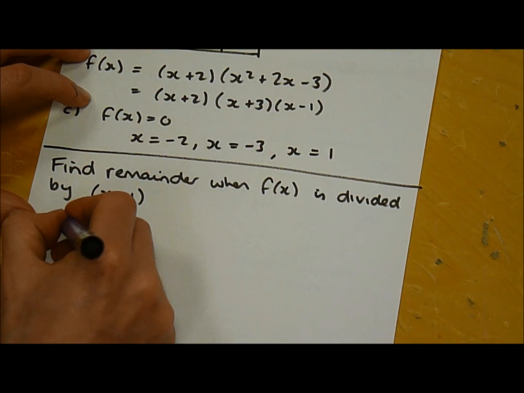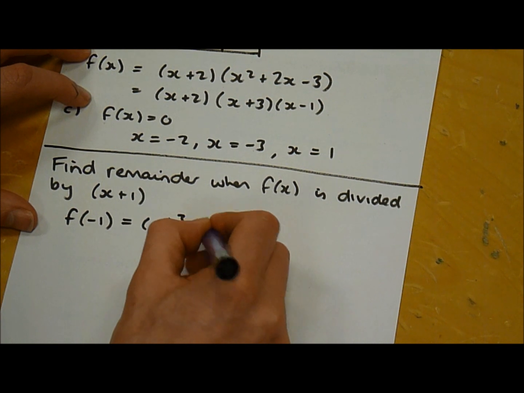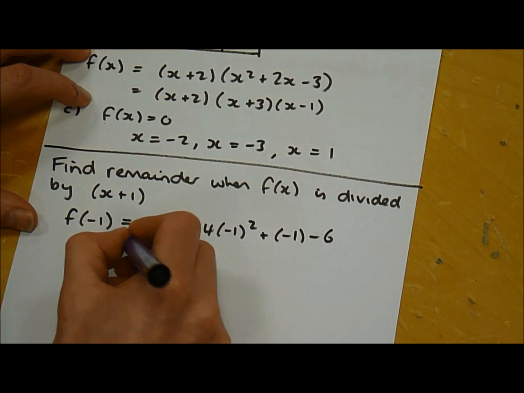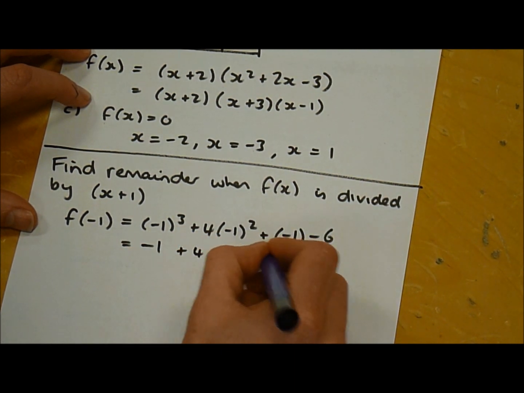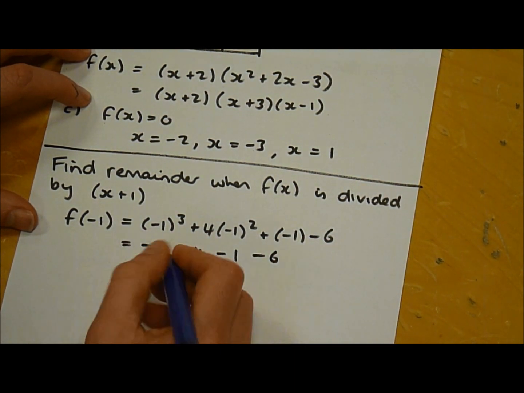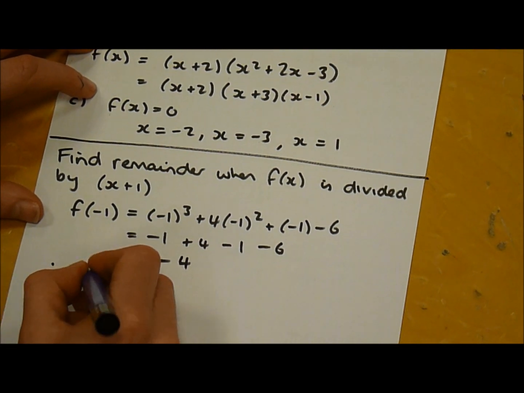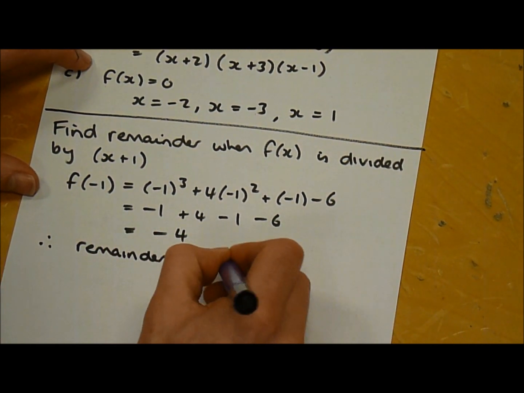We would put minus 1 in, so we'd work out f of minus 1, which gives me minus 1 cubed plus 4 lots of minus 1 squared plus minus 1 minus 6. And so that would be minus 1 plus 4 minus 1 minus 6, which is a total of minus 4. So therefore the remainder is minus 4.